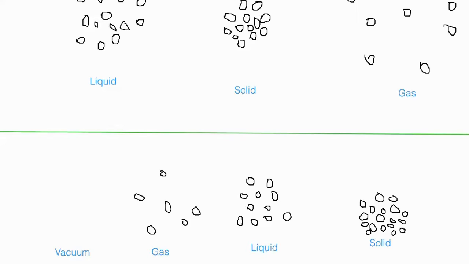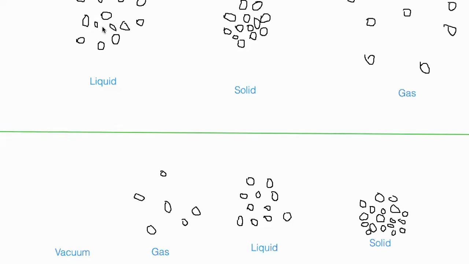But the slowest is gas, because gas molecules are the farthest apart. So when the sound hits them, it takes a while for them to bounce against each other. Any questions so far?